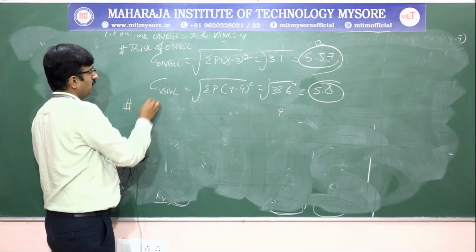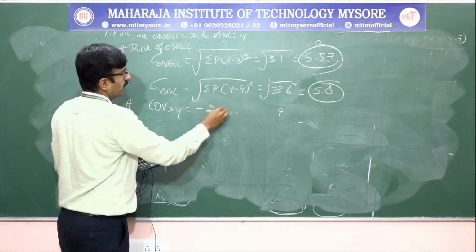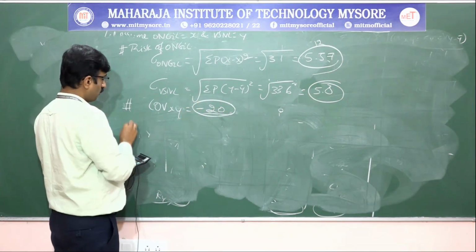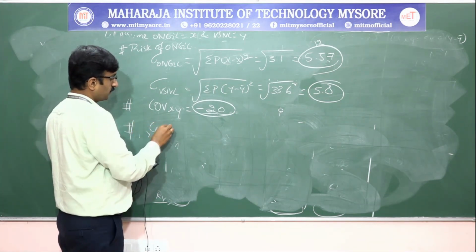the covariance of XY, already you have found it is minus 20 in the previous calculation. Then find out the R value, correlation coefficient.